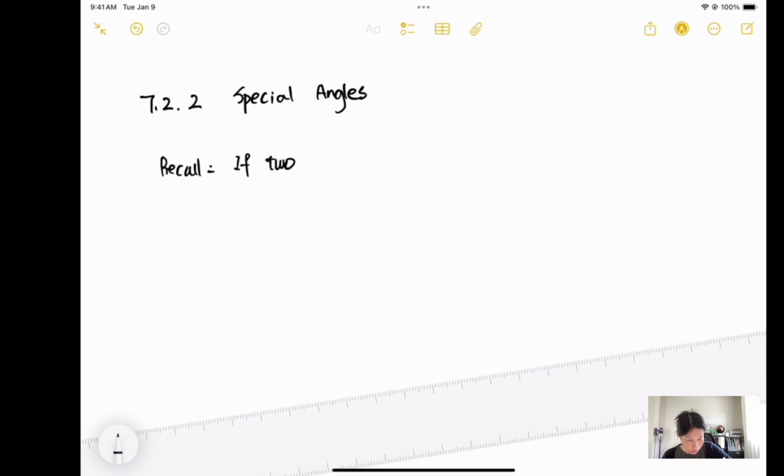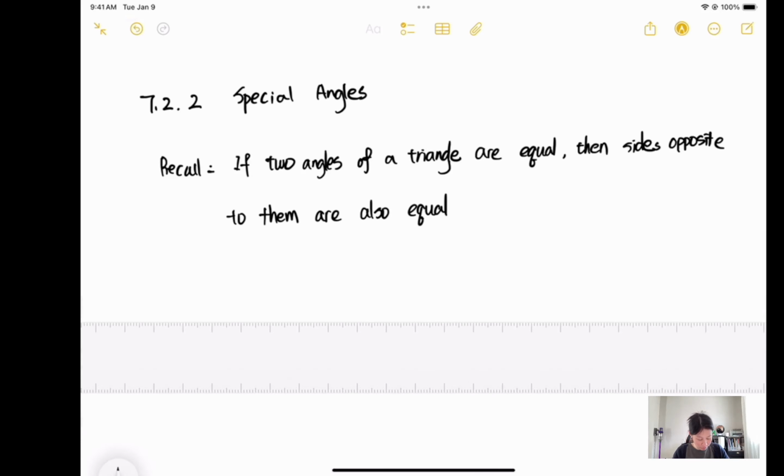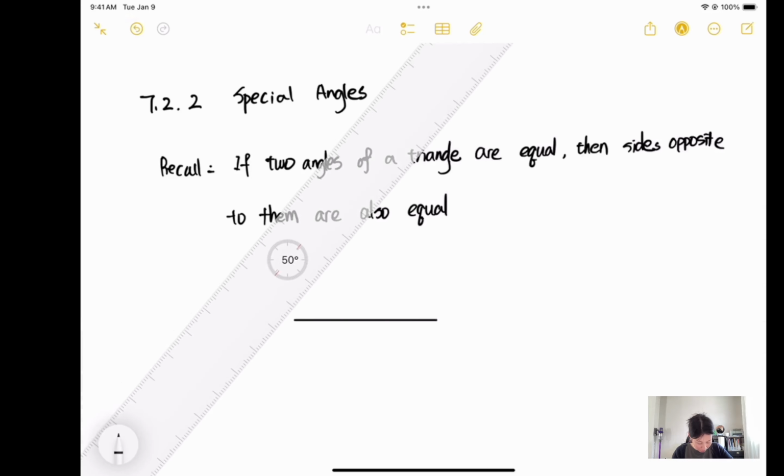If two angles of a triangle are equal, then the sides opposite to them are also equal, such as this one.